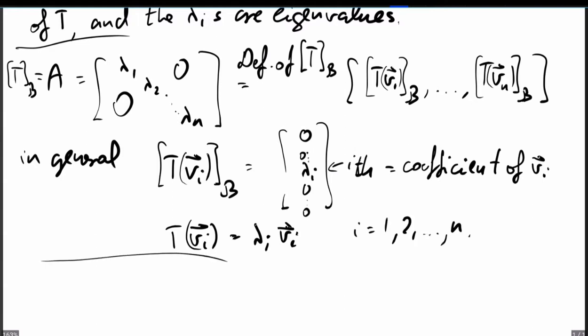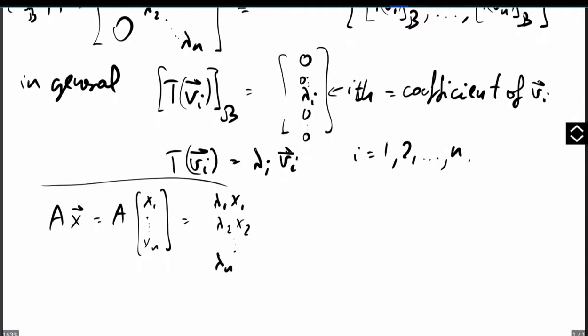And in general, it is very nice to have a diagonal matrix because it's easy to work with, especially, for example, if all the diagonal entries are the same, then it's just a multiplication with lambda. But even if they are different, if you have a vector with components x1, ..., xn, then A times this vector is just lambda 1 times x1, lambda 2 times x2, and lambda n times xn.